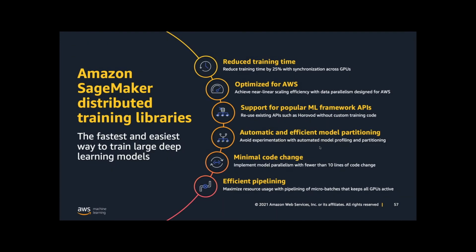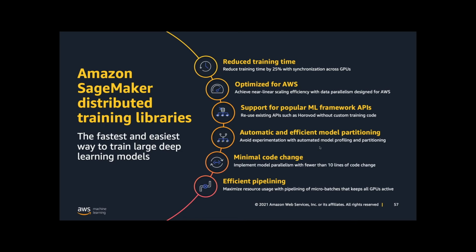So what is the purpose? How to tackle and how to solve this? With these distributed libraries, pretty much we offer managed model parallelism and data parallelism libraries for distributed training, right? So you have the opportunity to reduce training time by up to 25% or more by making it easy to split training data across GPUs.